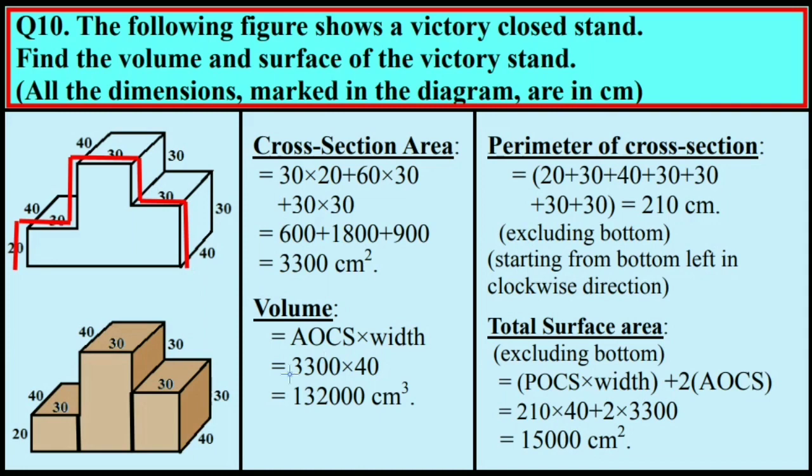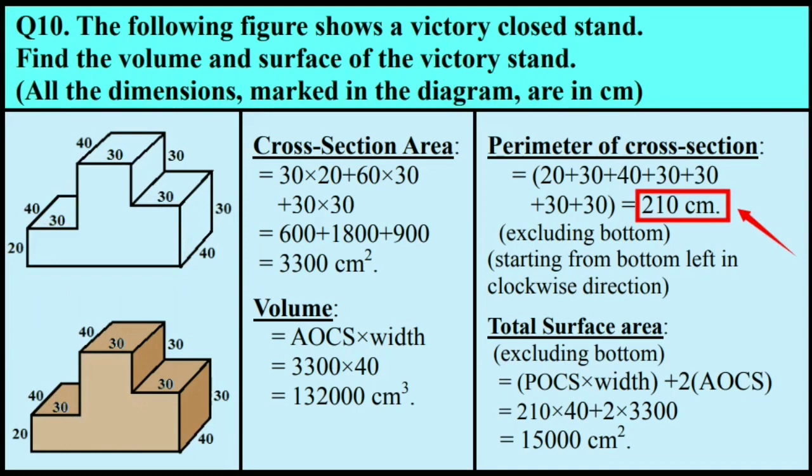And since the bottom is open, this particular length of 90 centimeter I am not including in the perimeter. Finally, the perimeter of cross section is 210 centimeter.